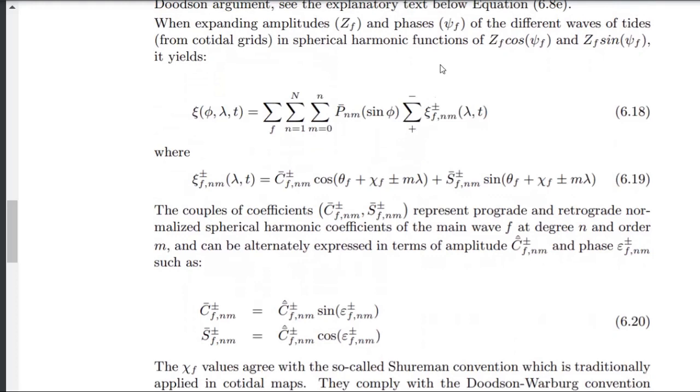Here you have sine and cosine coefficients. Theta f you have already known. These coefficients come from the ocean tide models. And xf has a formula to compute.